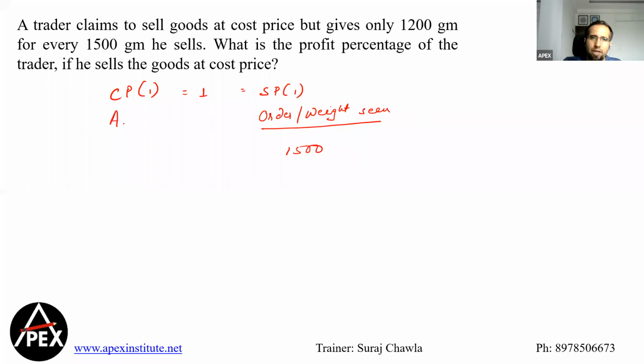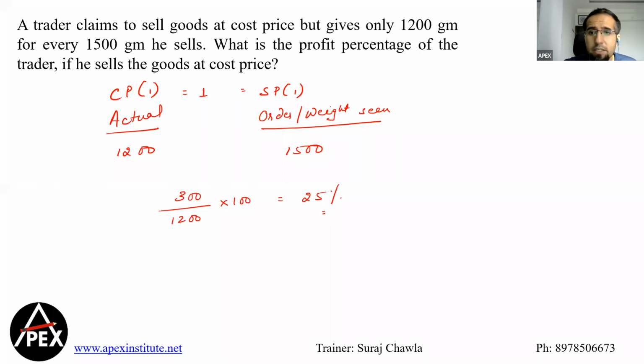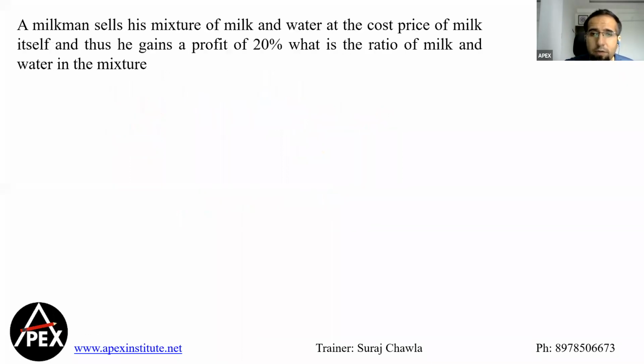And actually, I am giving you only 1200. Clear? So therefore, I'm making a profit of 300 on a cost price of 1200 multiplied by 100, and that's going to be 25% profit. Clear, guys? Can we solve this, please?